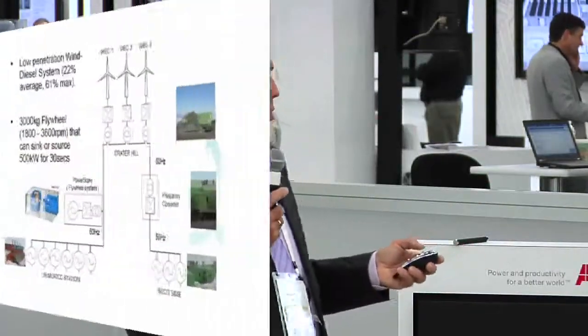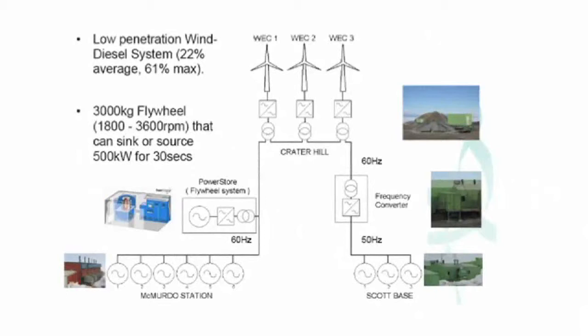So ABB now has the right and privilege to be able to claim this as a good example of ABB technology, which it should do, because the frequency converter, which is over there, that's the frequency converter which connects the New Zealand base, which is running at 50 hertz, and the American base, which is running at 60 hertz together, is all ABB technology.